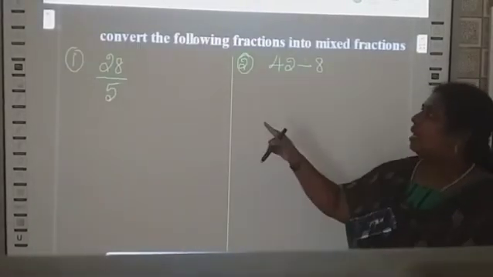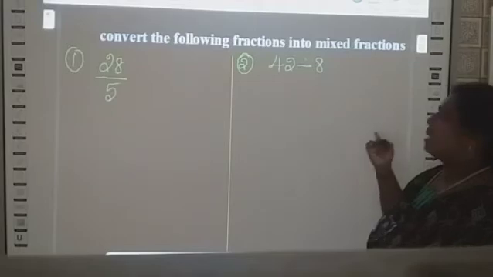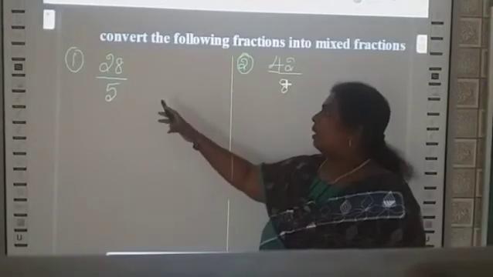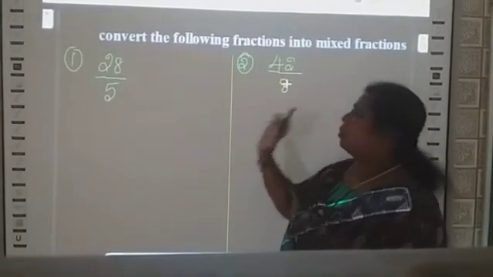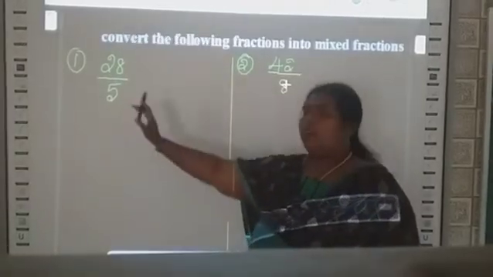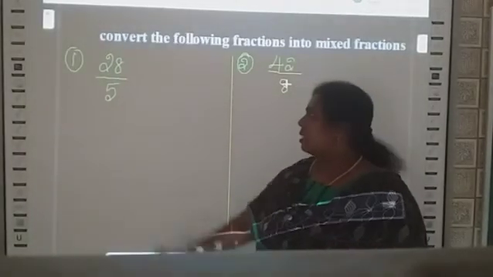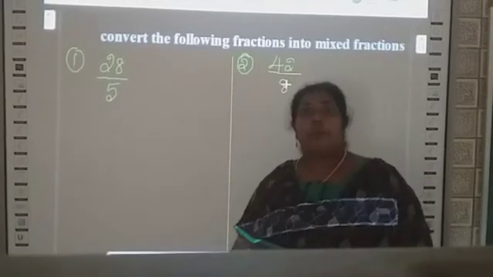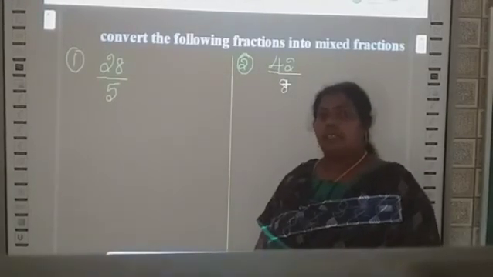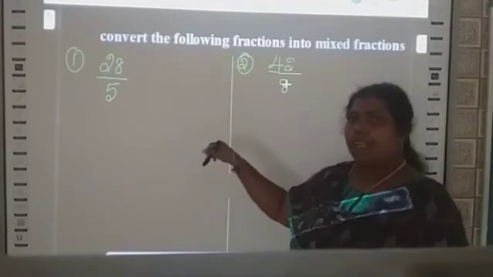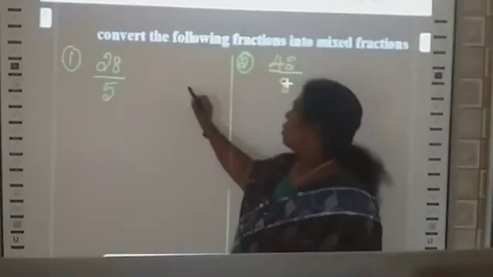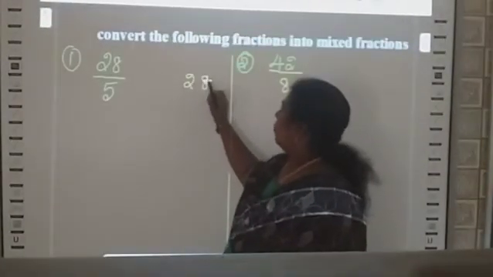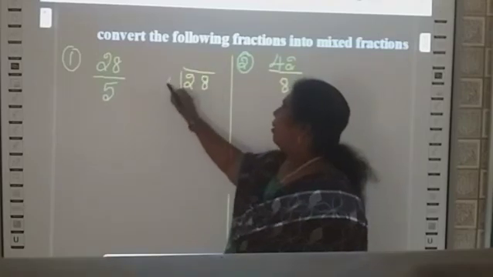See, next one is convert the following fractions into mixed fractions. Here the improper fraction is there, right? We are going to convert the improper fraction into a mixed fraction. How can we convert? We have to divide the value, long division method, right? So 28 divided by 5.